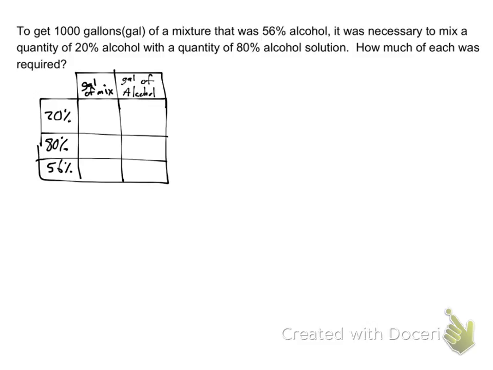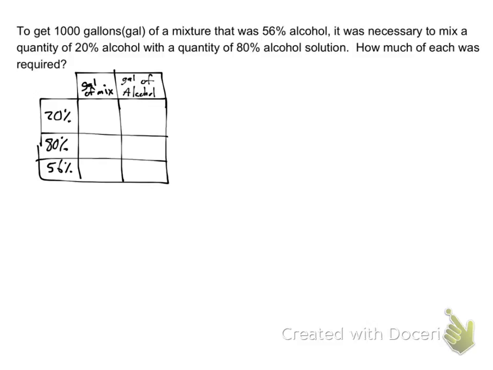If I mix them together, I would have 100 green ones. And we're going to talk about that in a second. But when I say gallons of mixture, that means the whole thing. And gallons of alcohol means I got something I can compare, because the alcohol of the 20% added to the alcohol of the 80% should equal the alcohol of the final result. Right? Putting them all together.